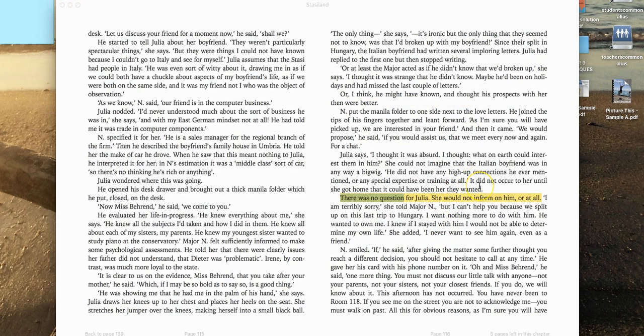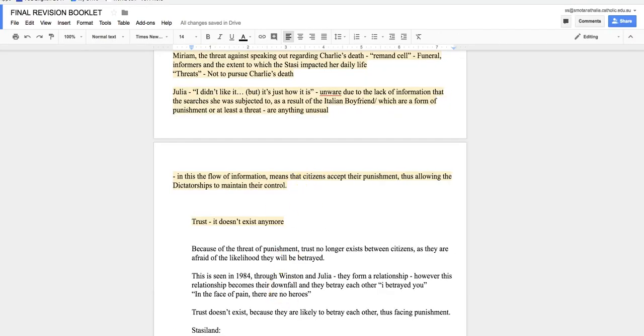Major N. "He was showing me he had me in the palm of his hand" is perfect. As a quote, "he was showing me he had me in the palm of his hand."